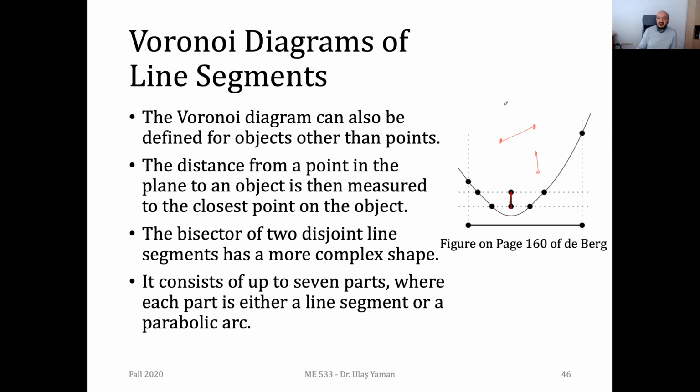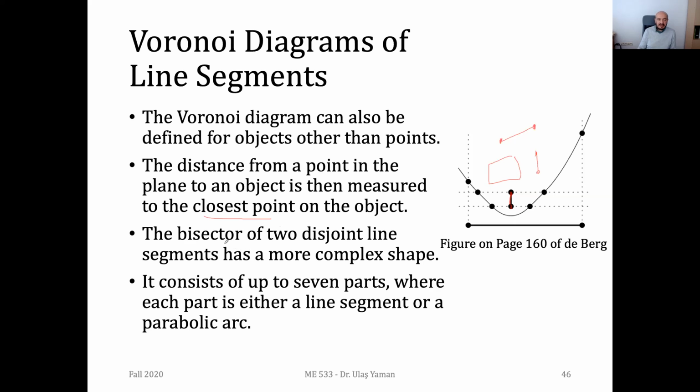This time, the distance is measured, obviously, not from a single point, but from the closest point on these objects. It might be a line or, let's say, a complicated polygon. It doesn't matter. We'll always look at the closest points on these objects.